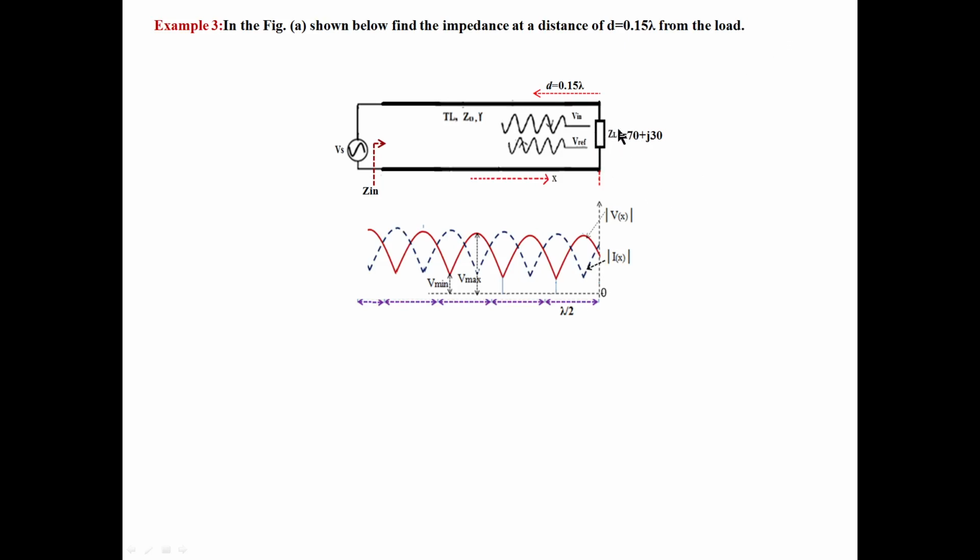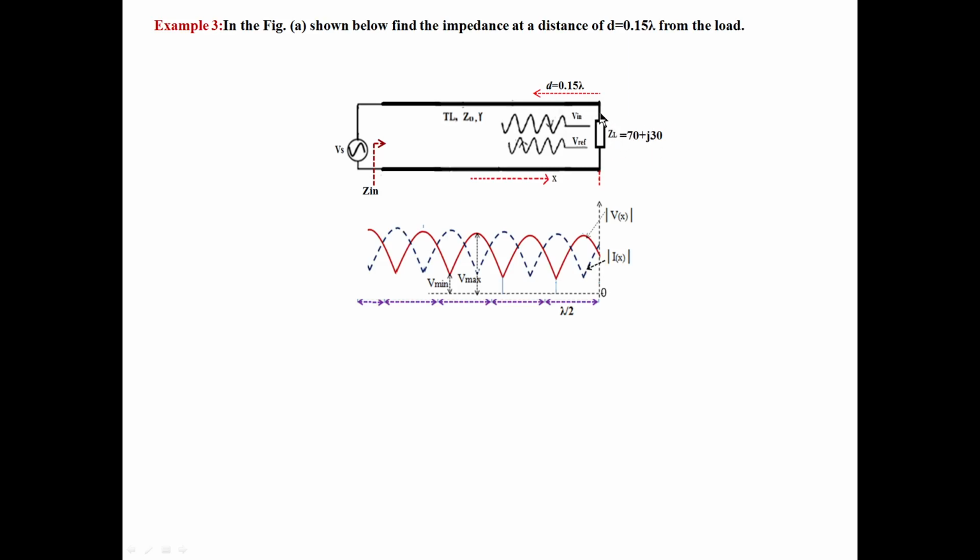From the load point, you should travel a distance of 0.15 lambda, up to here, and find what the impedance is here. What is the impedance at a distance of 0.15 lambda from the load point?